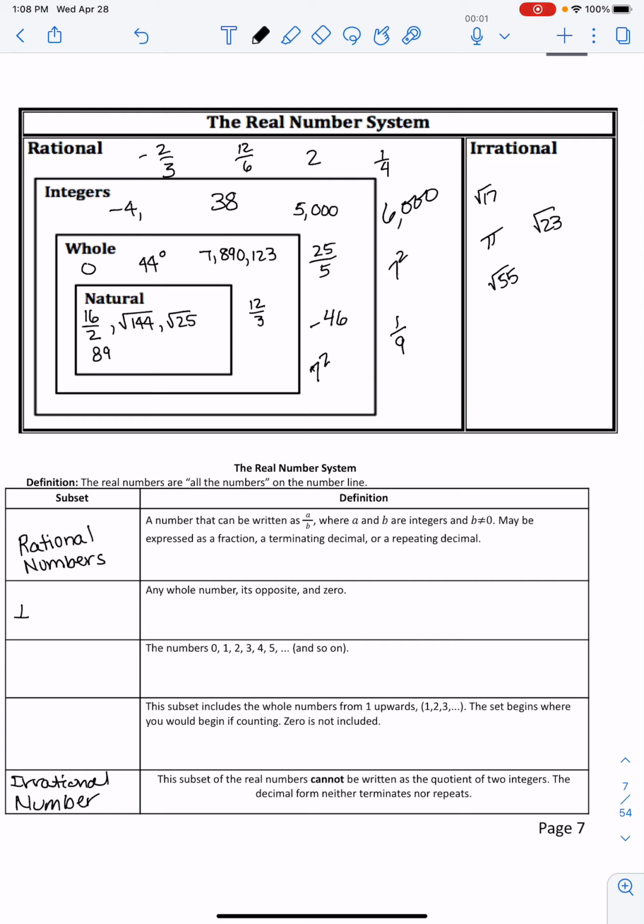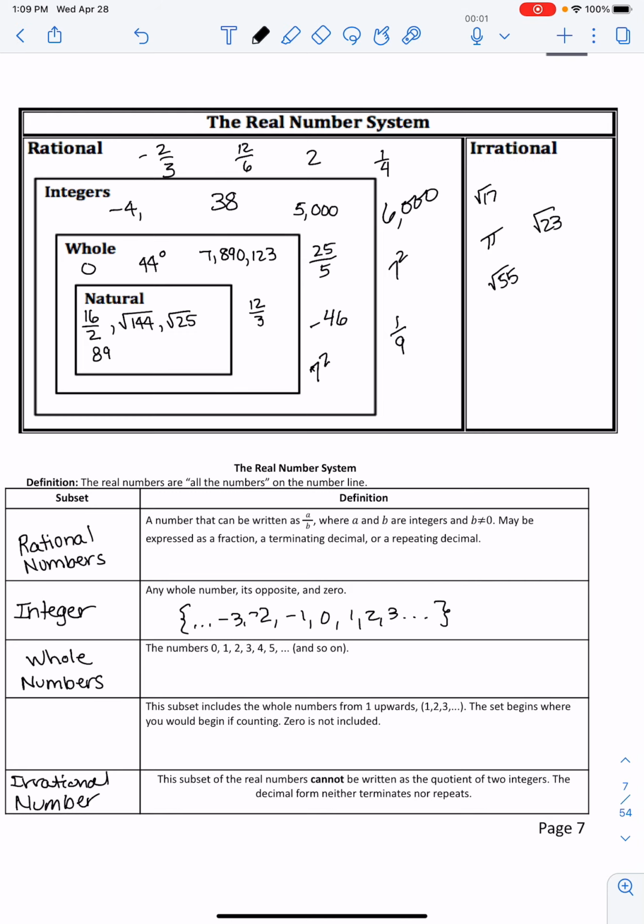So an integer is any whole number, its opposite, and 0. Then we have whole numbers. Numbers that start at 0 and go 1, 2, 3, 4, 5, and so on.